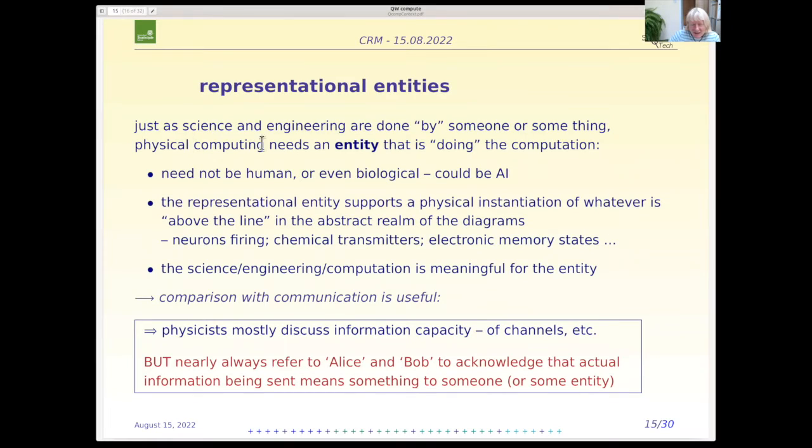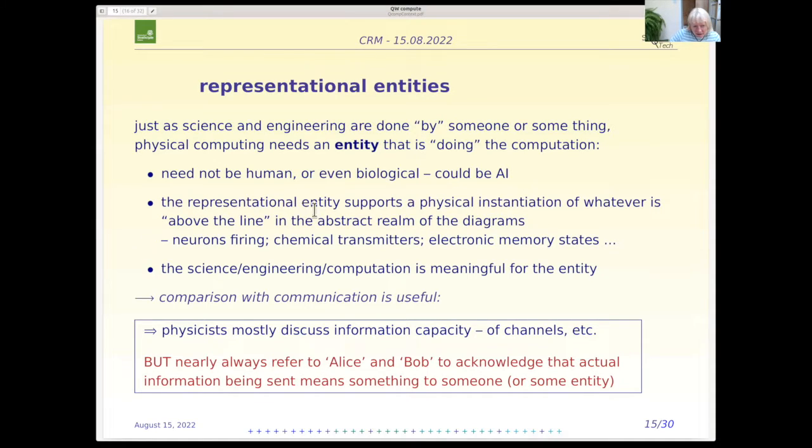So just as science and engineering are done by someone or something, physical computing needs an entity doing the computation. And as I said, it doesn't need to be human, it could be biological, it could even be artificial intelligence. You can nest these things. So one computer can use another computer or even use humans to do tasks.